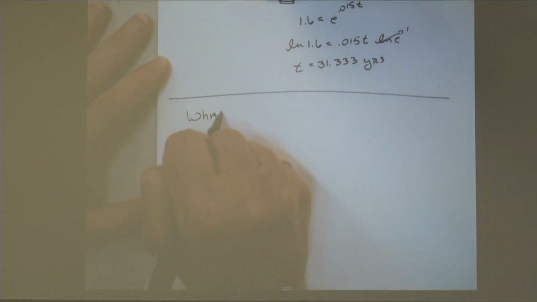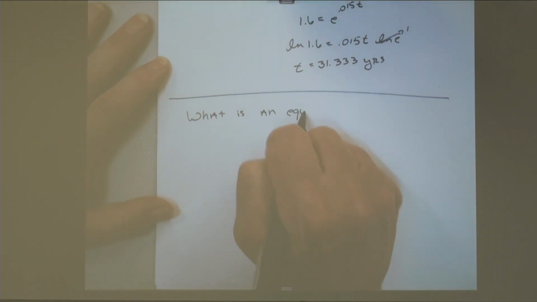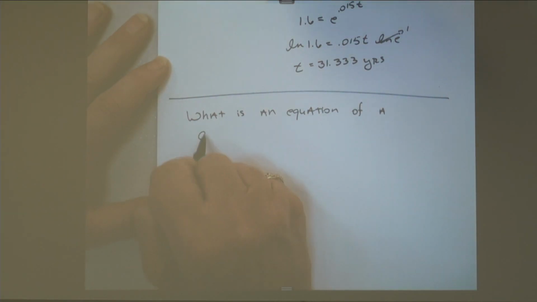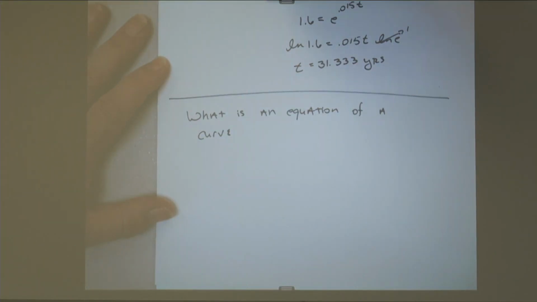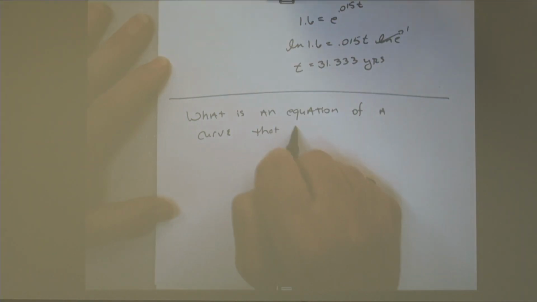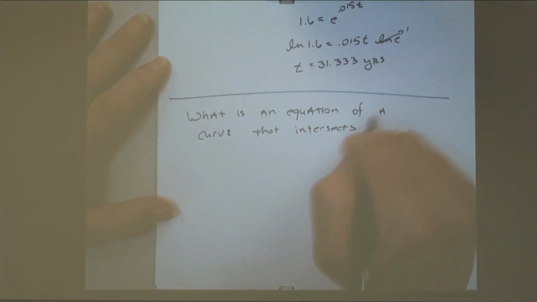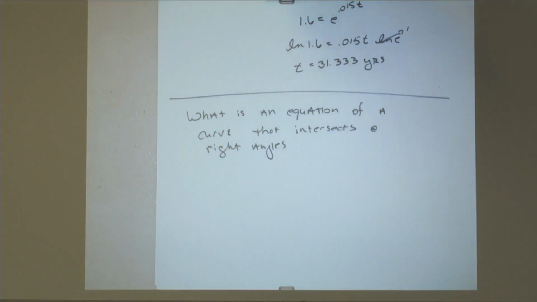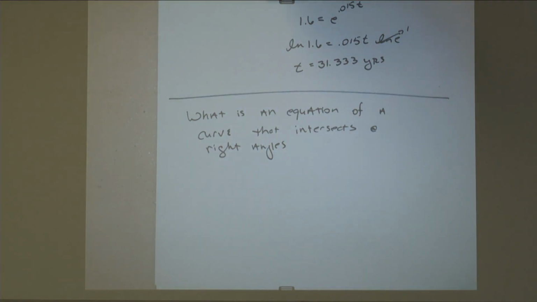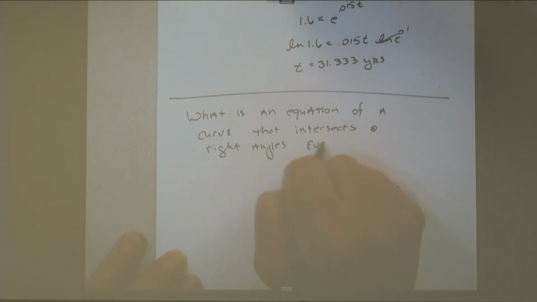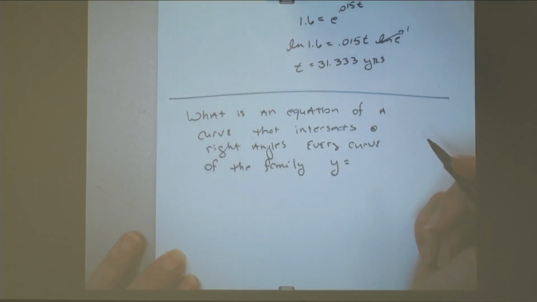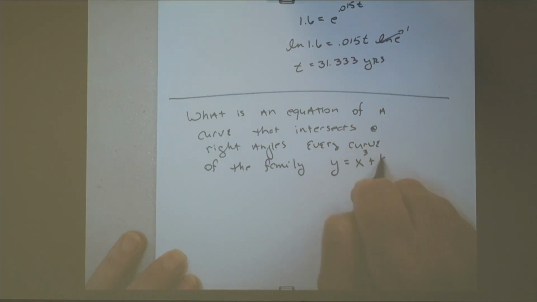What is an equation of a curve that intersects at right angles every curve of the family y equal x cubed plus some constant?